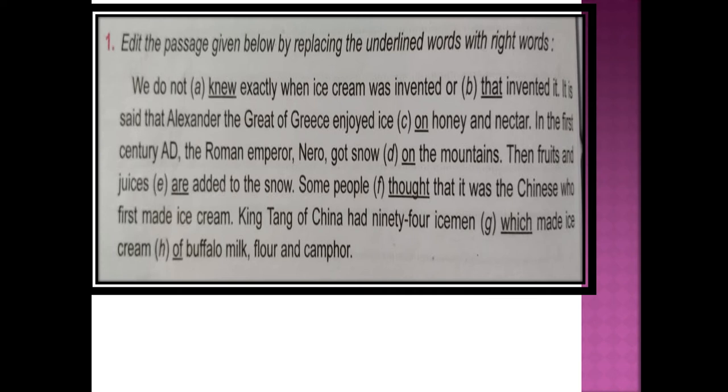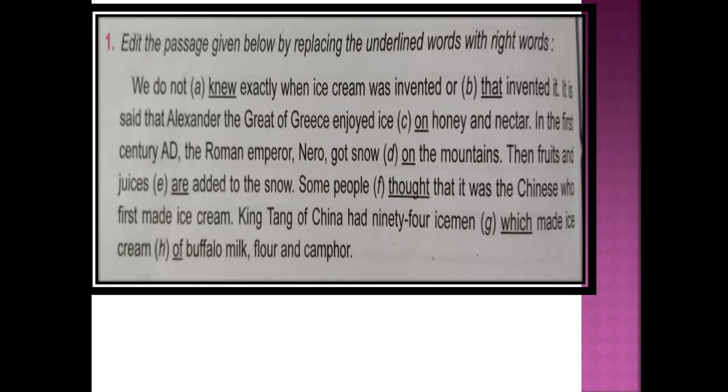So, this is the unedited passage given here, and now we have to replace these underlined words, the incorrect words, with the right word. Okay, so let's now start replacing these words. We do not know exactly.